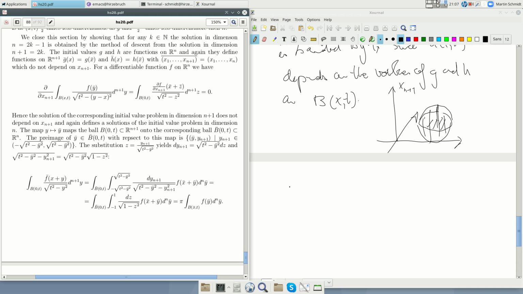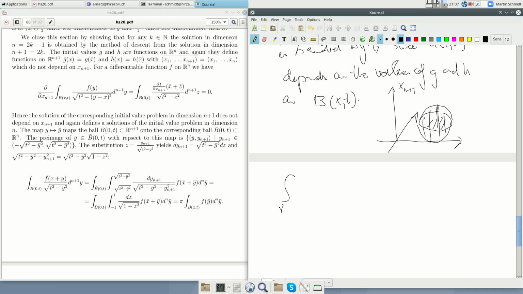Let's do the calculation. B0t is now the n+1 dimensional ball, and this is the function which doesn't depend on the last coordinate. So we have to calculate this integral by d^{n+1}y.